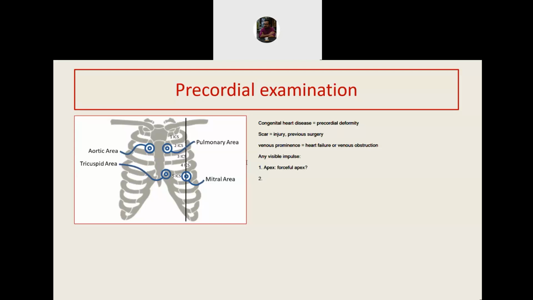Look at the lower left parasternal region. In the lower left parasternal region, we have seen that the right ventricle is located. So, impulse may be present there in right ventricular hypertrophy.